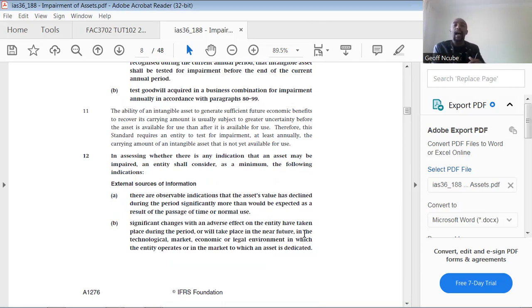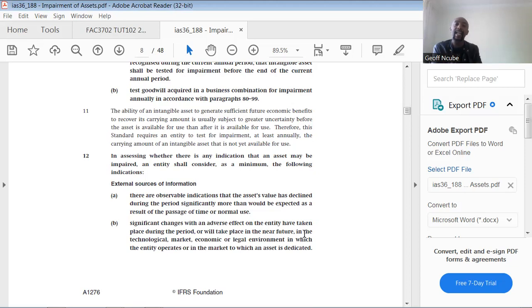So assets, remember, are either tangible, you can touch them, or you can't touch. Copyright, trademark, patent, you can't touch them. All those are assets. So impairment loss, by the way, also refers to both tangible and intangible. So when you're given a question, it will be addressing both tangible and intangible.